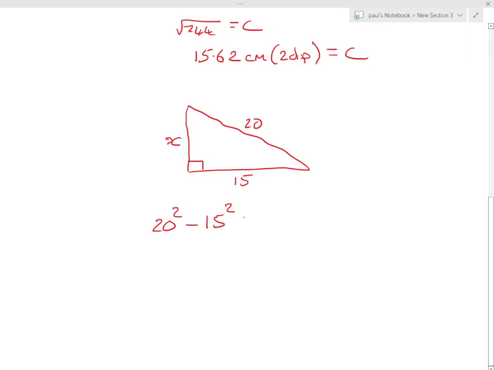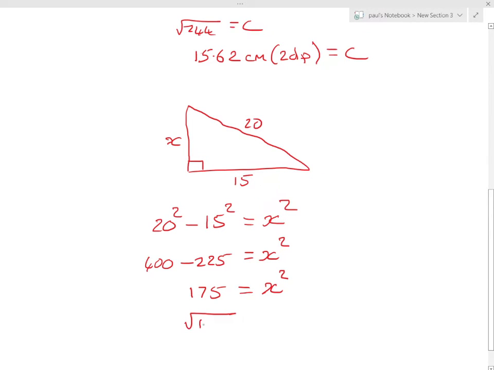So equals x squared. So that's 400 minus 15 squared. Should know that off by heart. 225 equals x squared, and 400 minus that is 175 equals x squared.